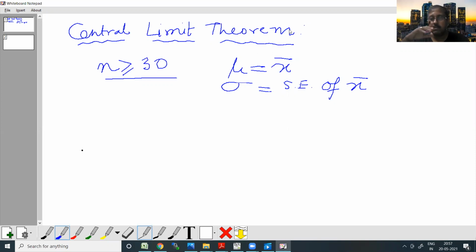Now, we just looked at the central limit theorem, which is a very important theorem in context of the sampling theory, right? What does it say?